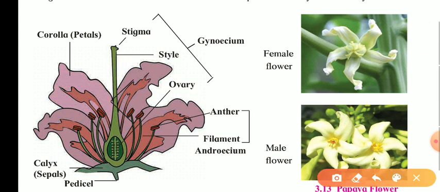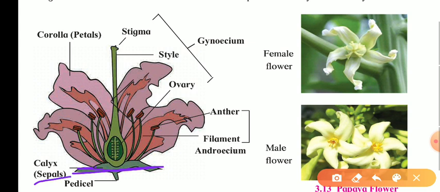We have the calyx at the outer part, that green color. In the bud structure, the outer green part is nothing but the calyx, or we also call it the sepals.